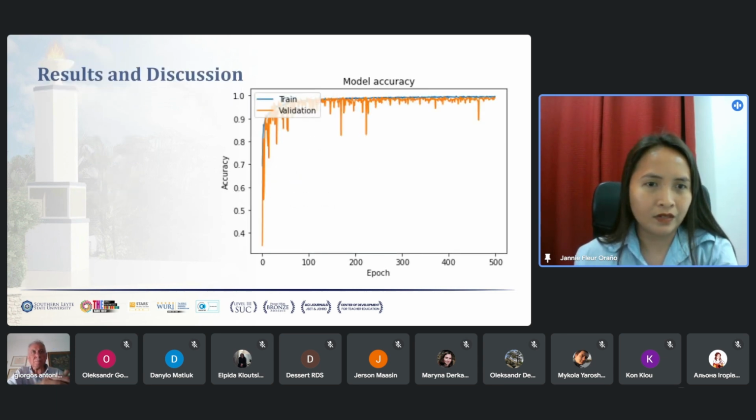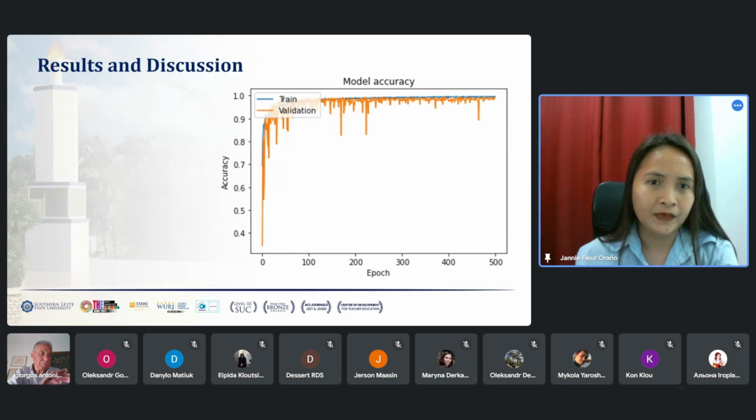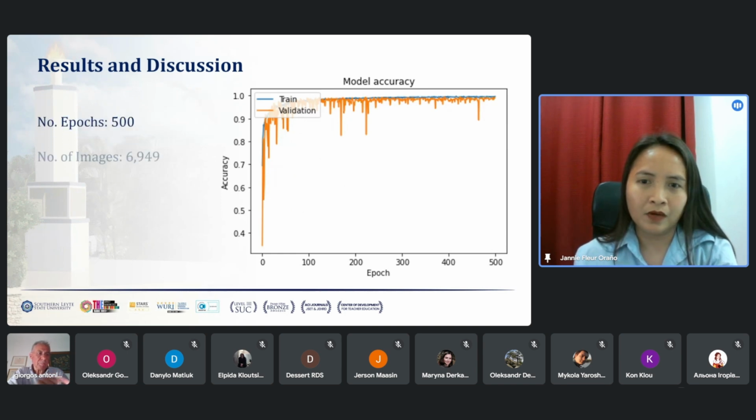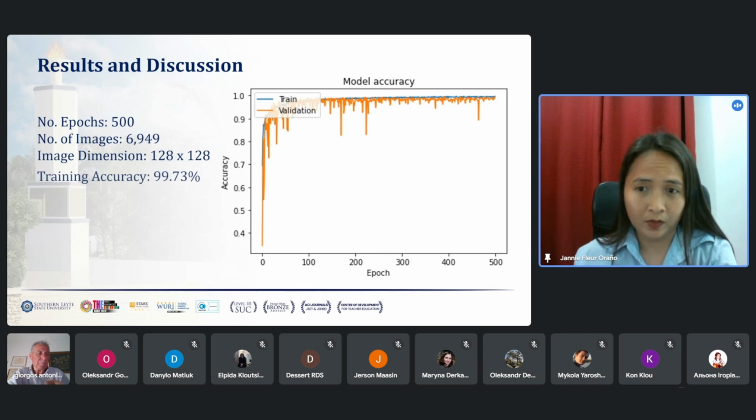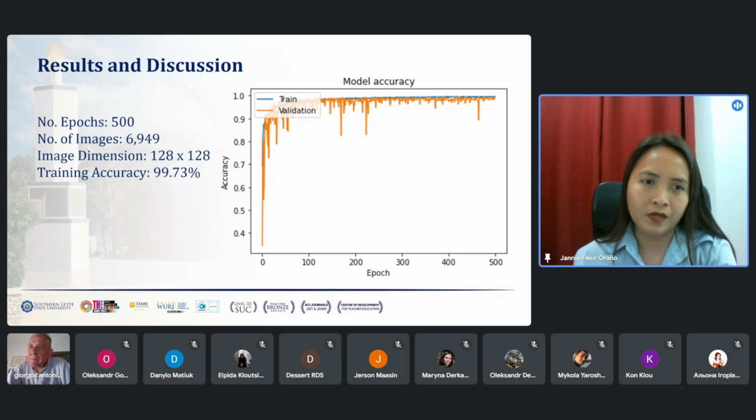These are the results of our study. The model was trained using 500 epochs on 6,949 labeled chicken images with dimensions of 128 by 128 to indicate the presence or absence of a particular disease.